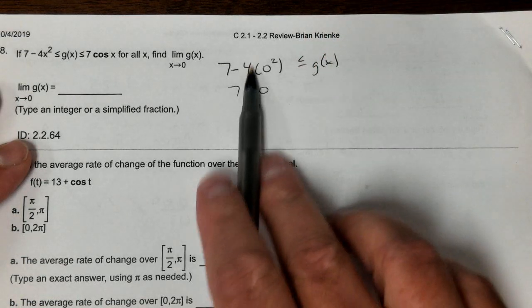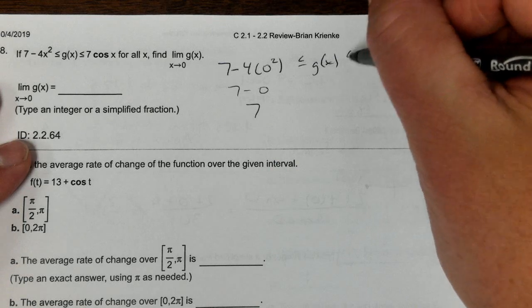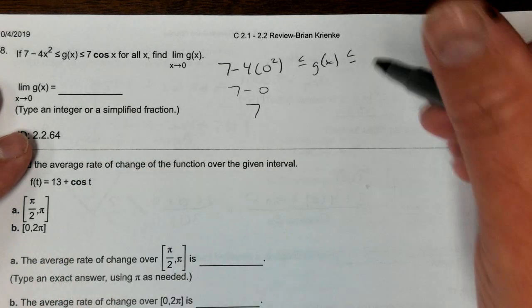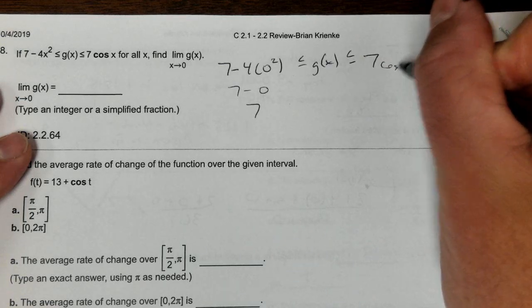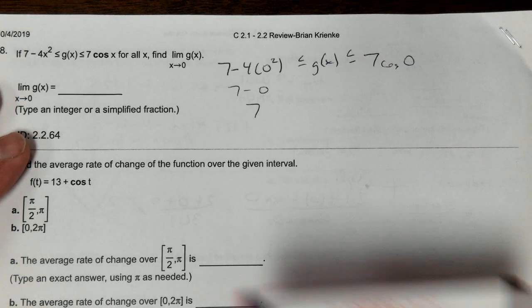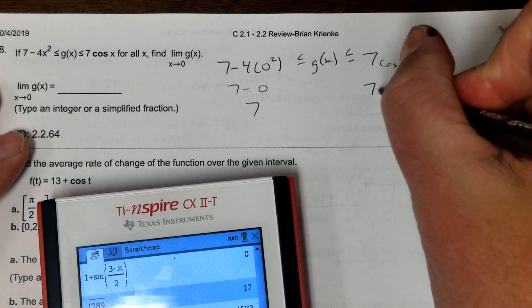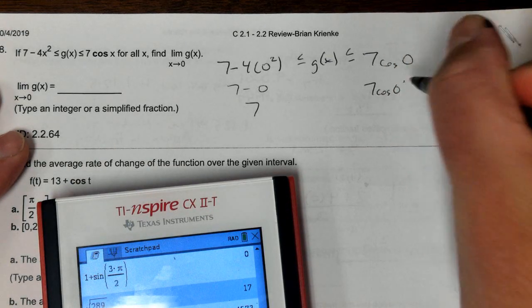So we've already done the left side. Now we need to do the right side. And this says 7 cosine x. So this would be 7 cosine 0. Now make sure if you're doing this in the calculator, you're doing 7 cosine 0 degrees.